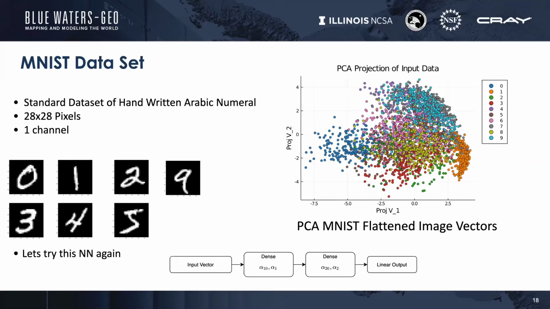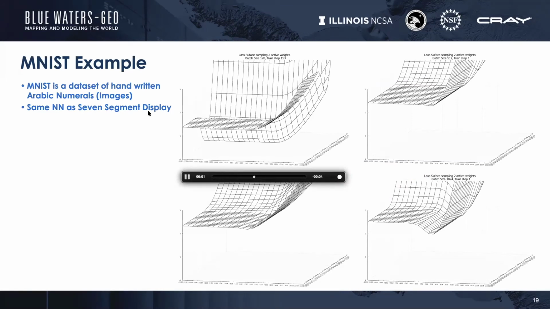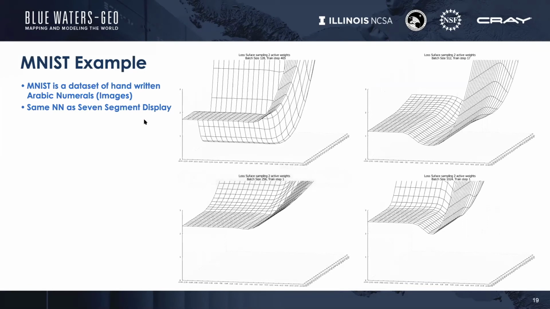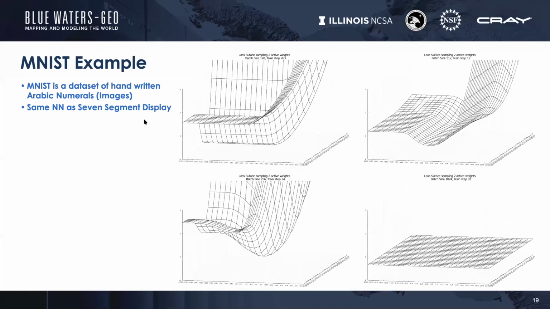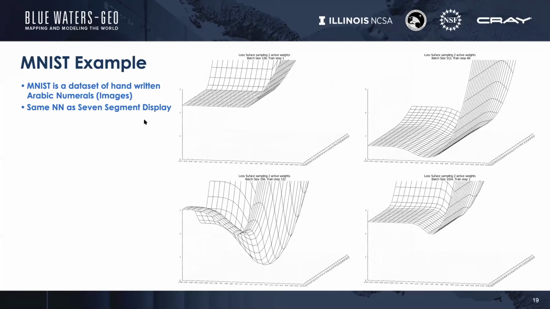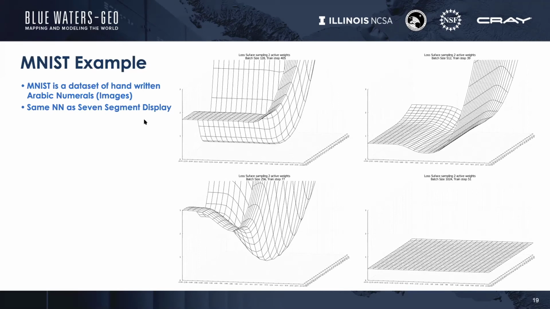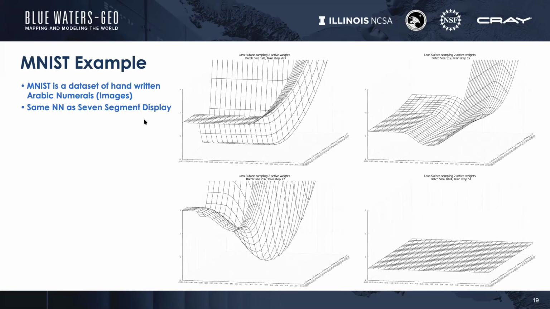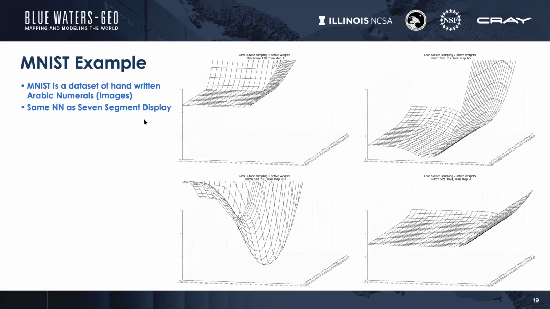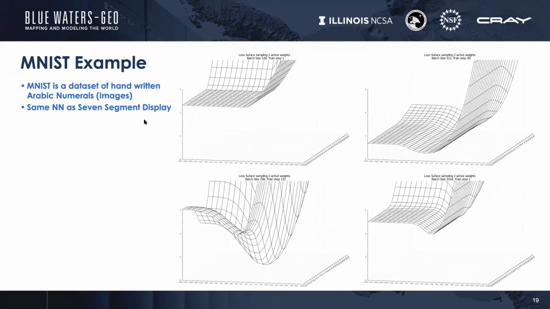So let's use a neural network again, looking at the loss surfaces. If I remember correctly, the neural network I used here was a 2-layer with 20 hidden units and 10 hidden units. So here's one of the principles where we're using the exact same model, but on 2 different problems.